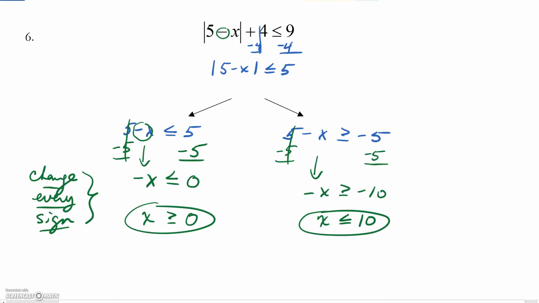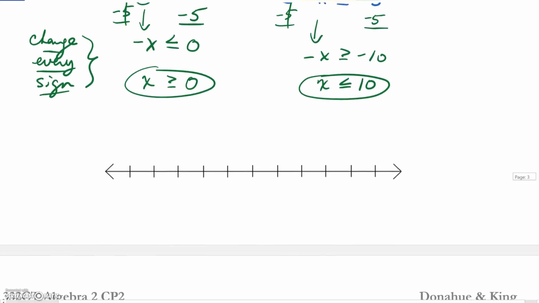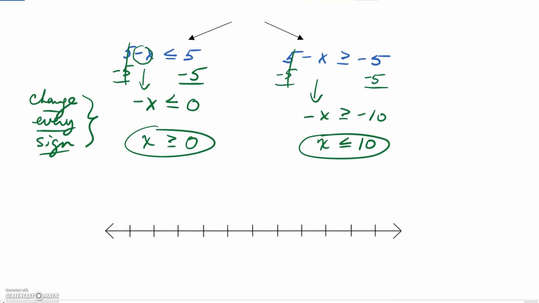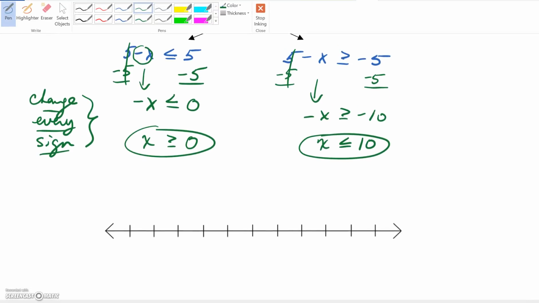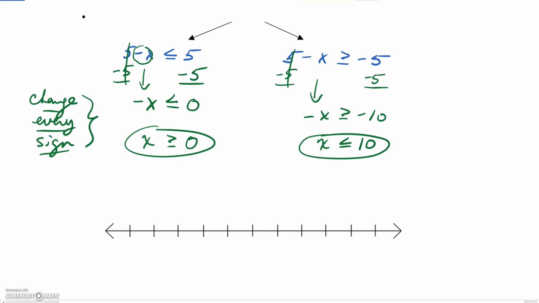And so now let's take a look at the number line for this one, and we'll see if this is an or or an and inequality. So we need a circle or a dot on 0, and I'm going to put 0 right here. And the same goes for 10.